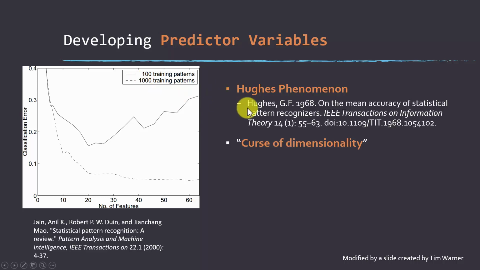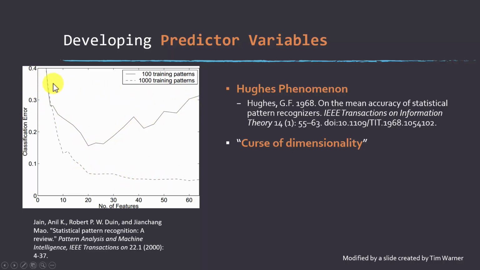So looking at this graph from this manuscript by Jain et al., we can see a very interesting pattern. Here we have the classification error, and this is the number of features on the x-axis. The dotted line represents training on 1,000 examples, whereas the solid line represents training on 100 samples.